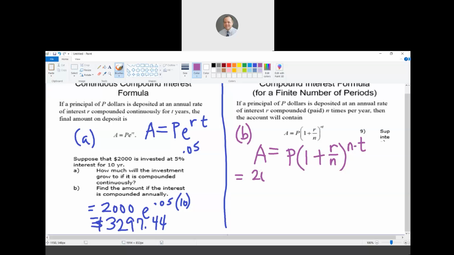P is 2000, r is 0.05. Now, because our interest is now being compounded annually, that means it's just being compounded once a year. So n is 1, and our time is still 10.